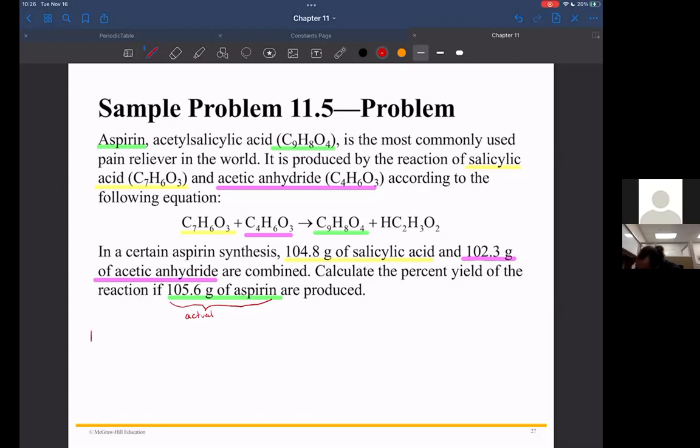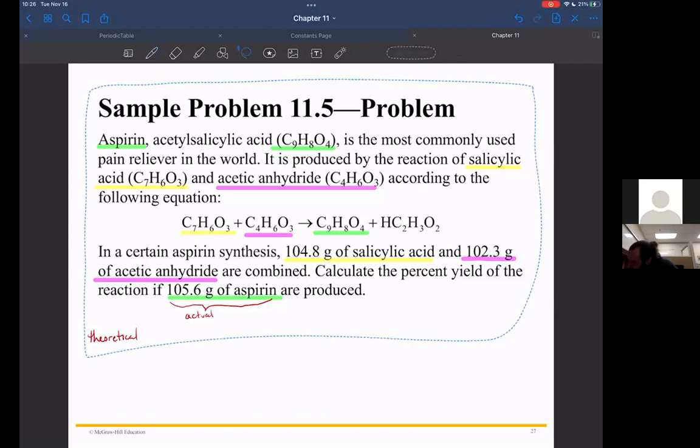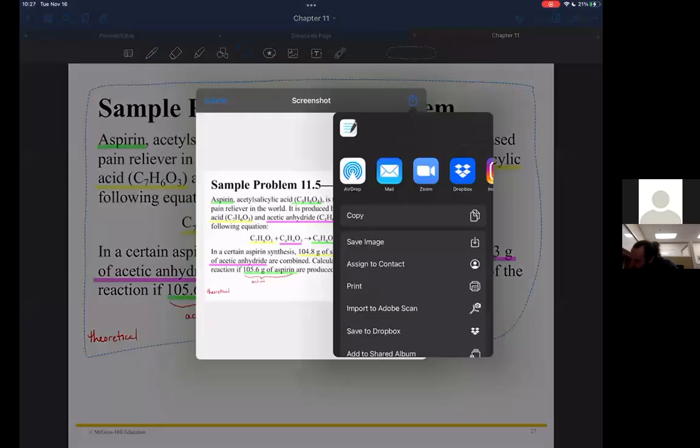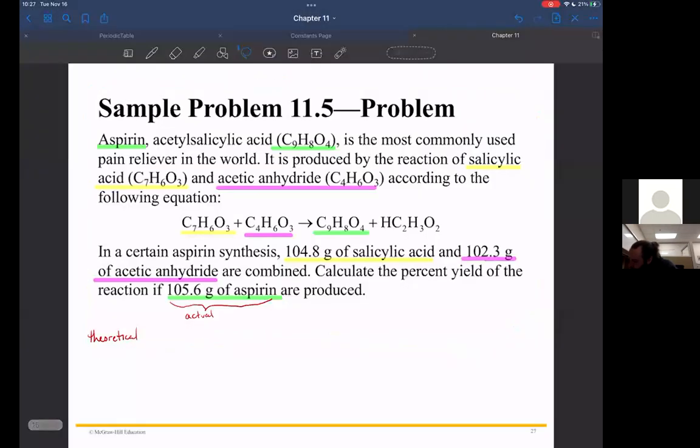Now we need to calculate the theoretical. And I can already tell I'm going to run out of space, so let me move this over to a new page so I have enough space to do this.